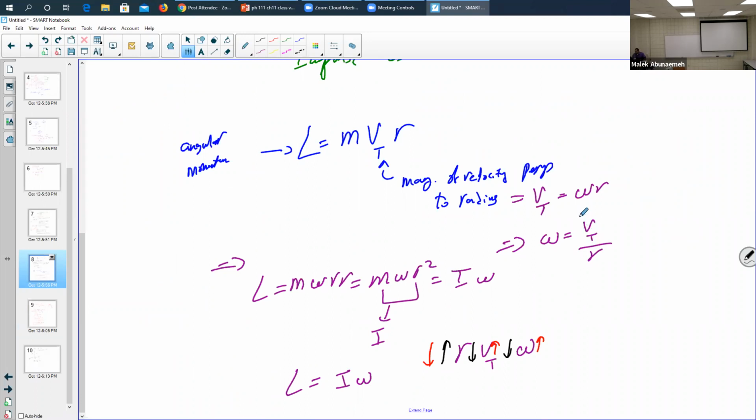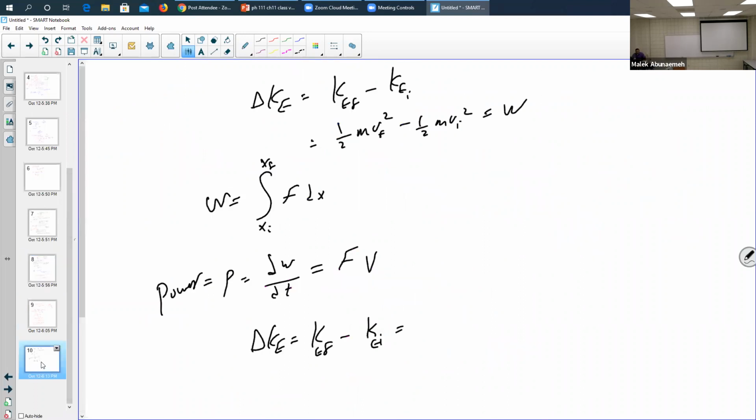Tangential velocity is omega, your angular velocity, multiplied by your radius. So your change in kinetic energy is going to equal 1/2 I omega final squared minus 1/2 I omega initial squared. And again, that equals your work.